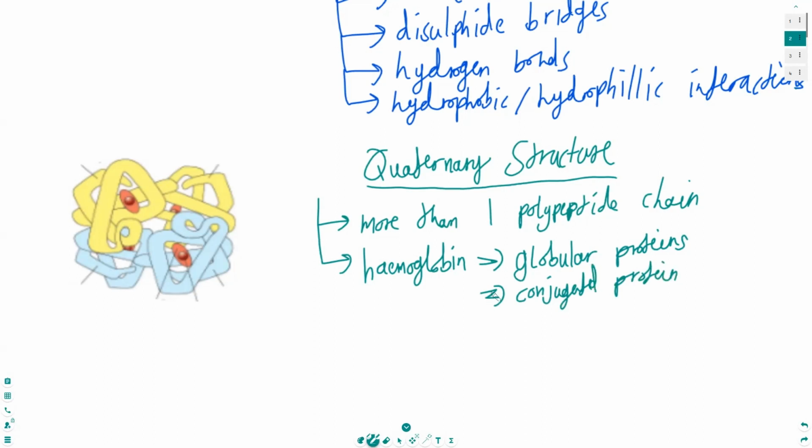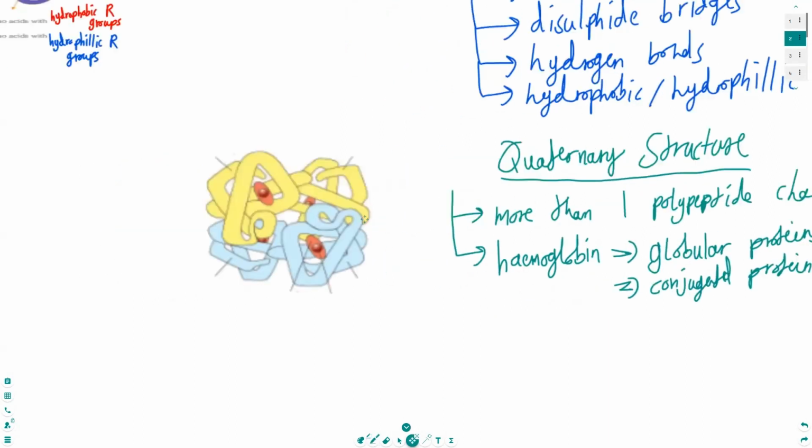What this means is that a conjugated protein is a protein that contains some sort of heme group or prosthetic group. So a conjugated protein has a prosthetic group attached to it. In hemoglobin, it's the heme group. So let's talk about hemoglobin first.